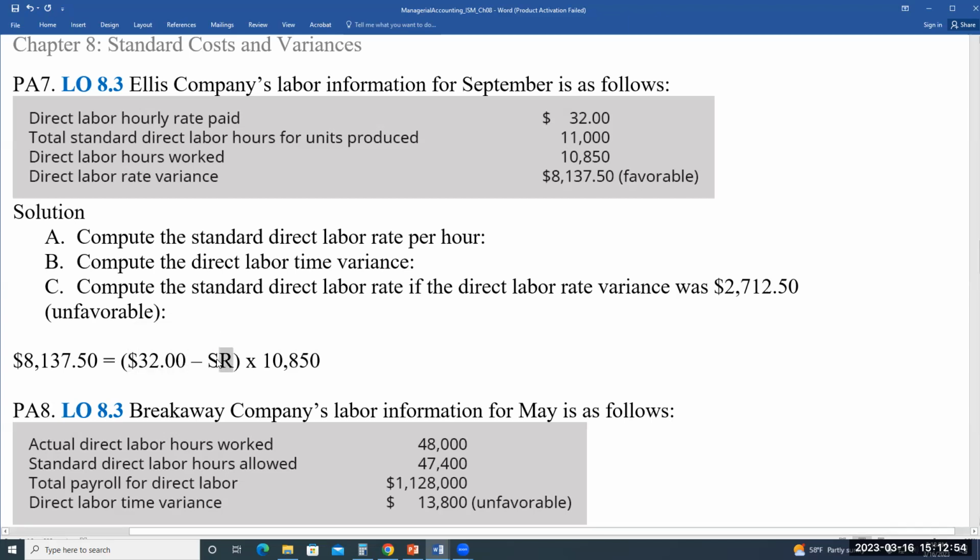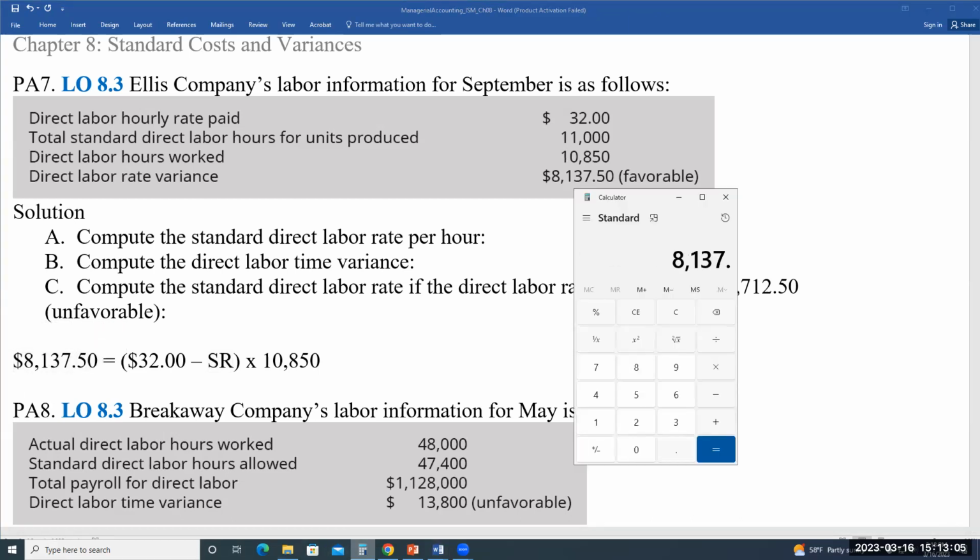We're trying to figure out the standard rate. So if we take direct labor rate variance, divide it by the actual hours worked, we get 75 cents. So we see $32 minus this should be 75 cents, right?